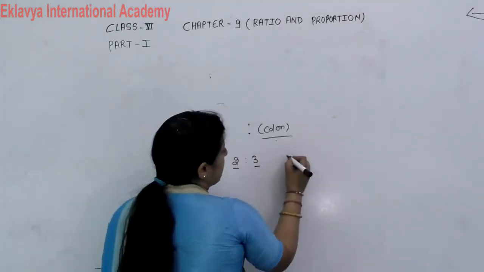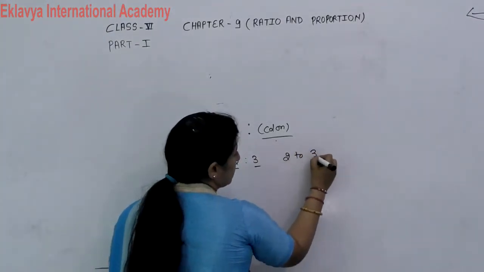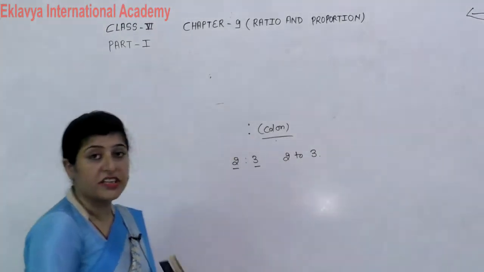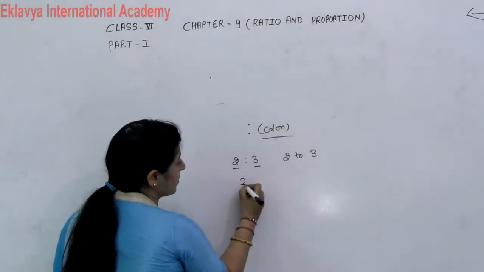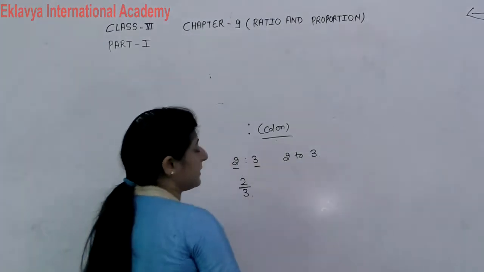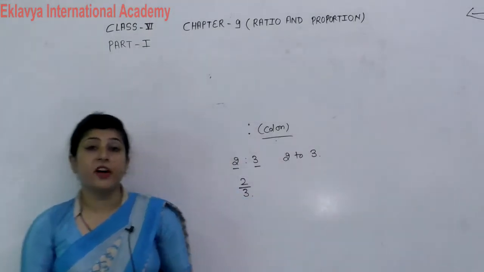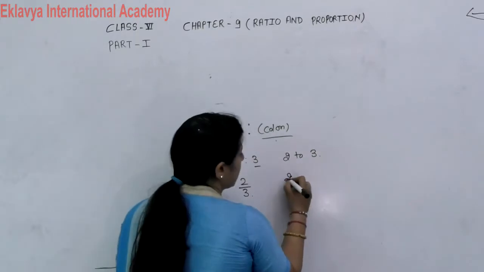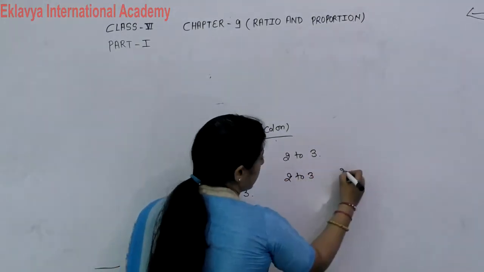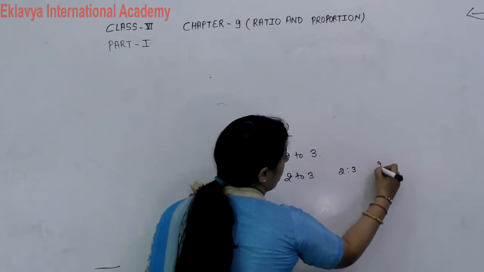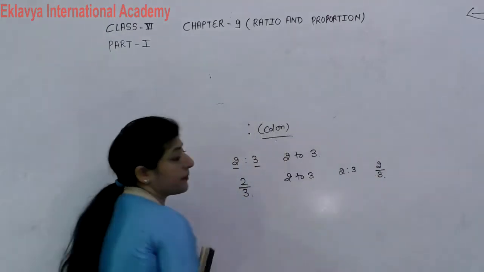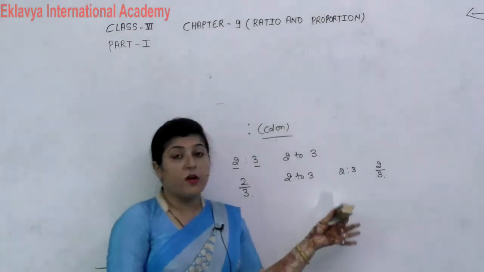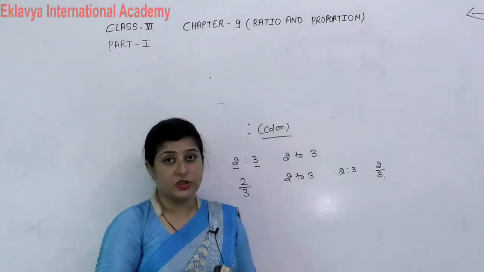It is read as 2 to 3, or it can be represented as 2 divided by 3. So we can represent it like this, 2:3, or like this, 2 divided by 3. This is the way of representing the ratio.